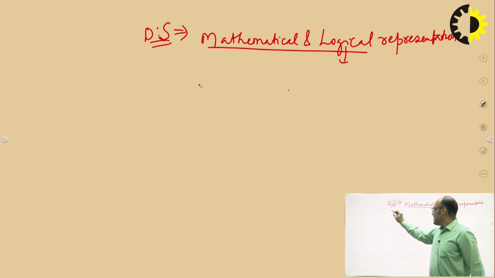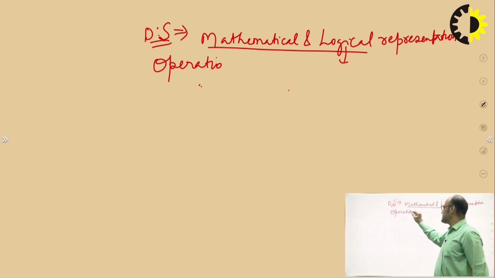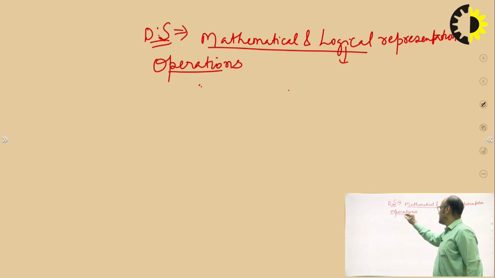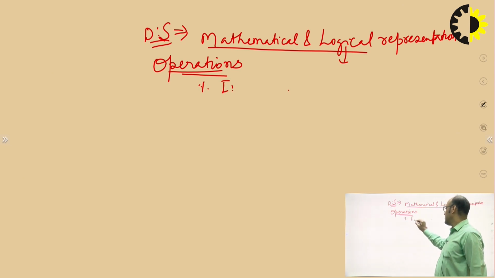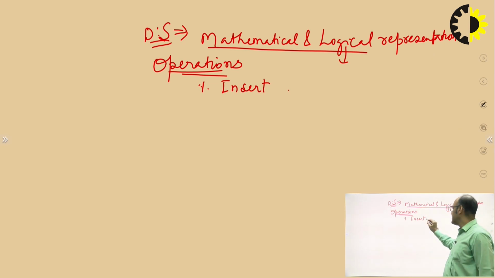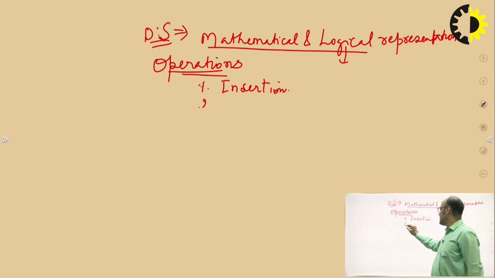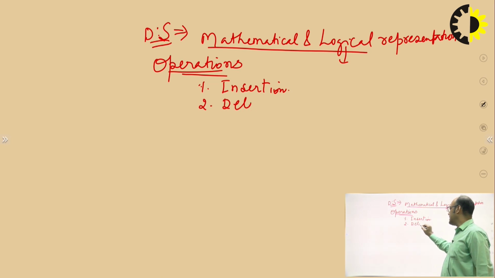So, what is the requirement of data structure? Actually, we need to perform several operations. What are the different types of operations that we perform? We need to insert data, that is called insertion. We need to delete the data, that is deletion.